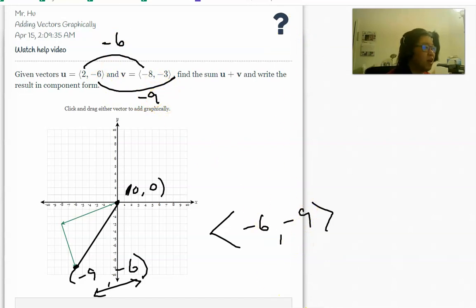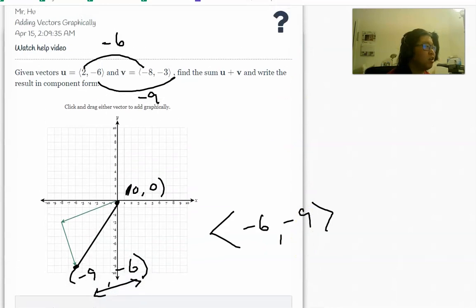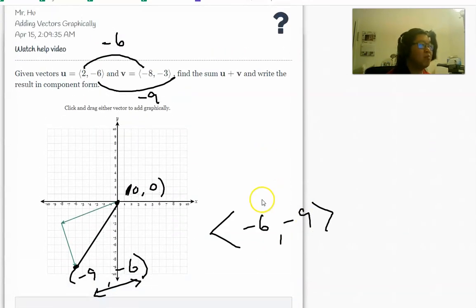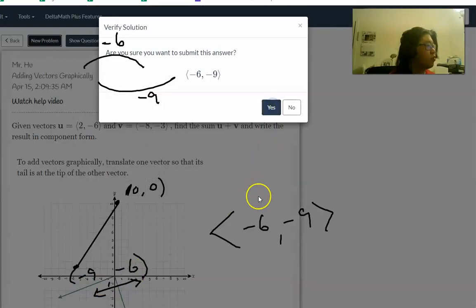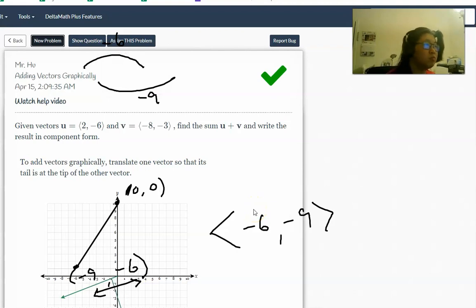So that's how vector addition works visually. They basically just stick to each other to combine and make a total vector. And you can do this with any number of vectors, not just two. So let's take a look at plugging these in. Should be -6, -9. And there we go.